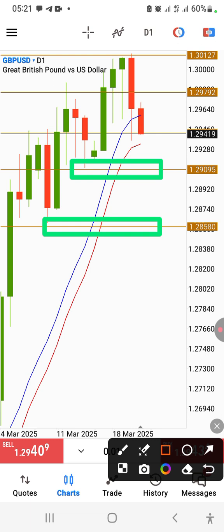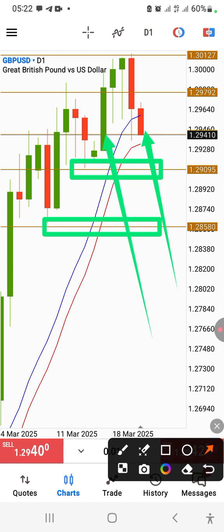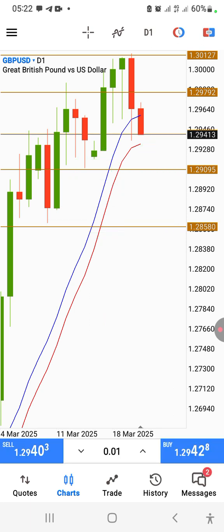But we cannot buy as long as this candle is still bearish. You wait for it to close and give you a green candle. When it gives you a green candle and it's close to either this level or this other level, then you will now buy. But for now, we have to sell.